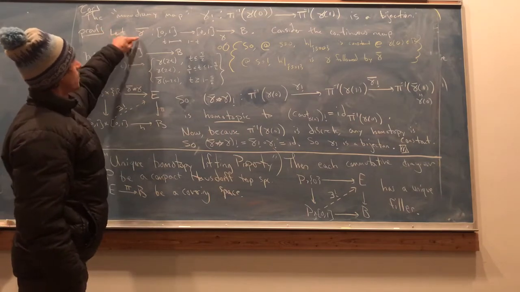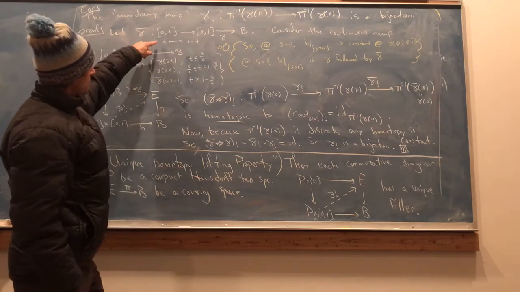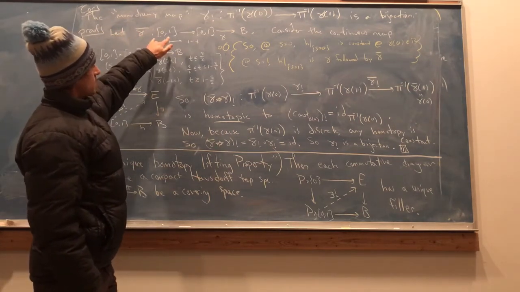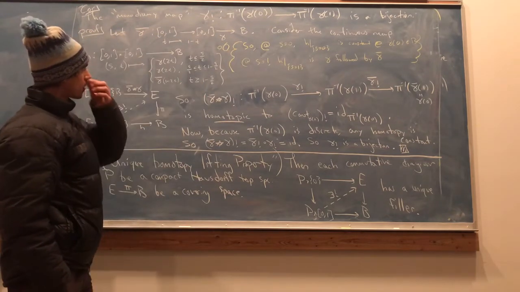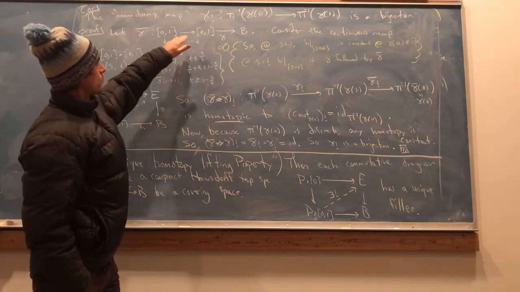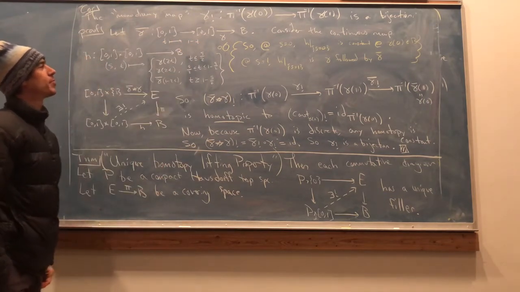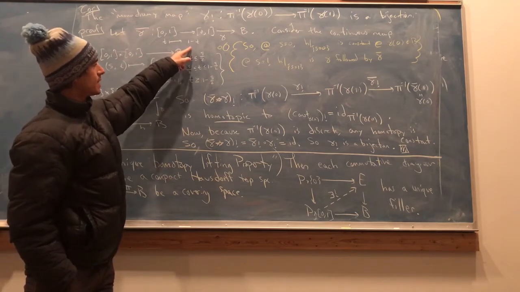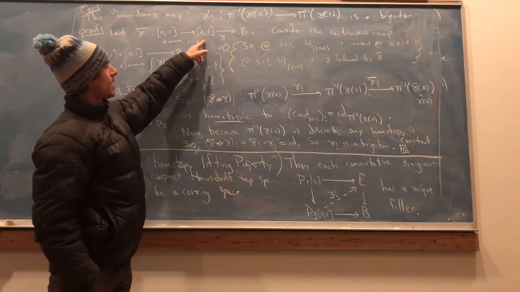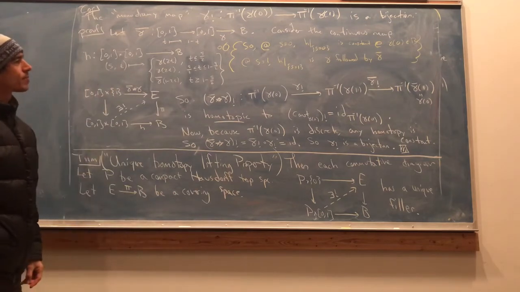So I'll write that as gamma bar. It's a path, in other words, a continuous map from [0, 1] to B, that first precomposes by a map from [0, 1] to itself, given by t goes to 1 minus t, followed by the original path gamma.